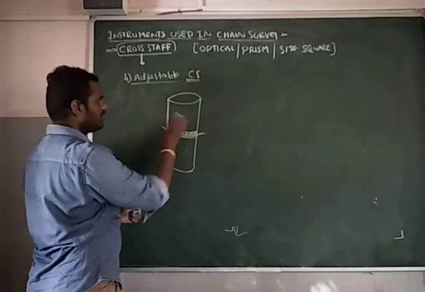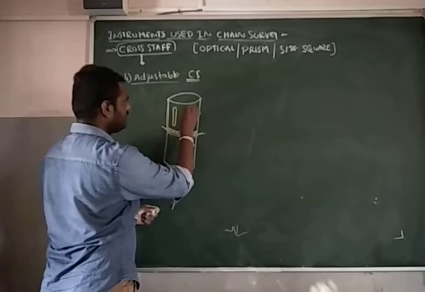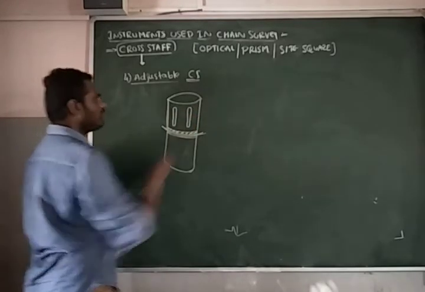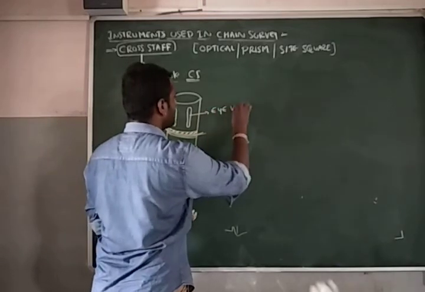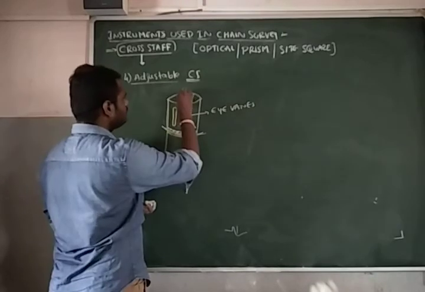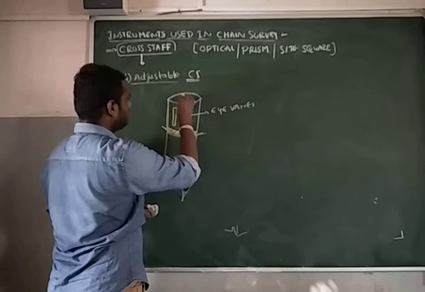Here in this case, we will have 2 observing slits, which we call eye vanes, and another slit at the back side or rear side.